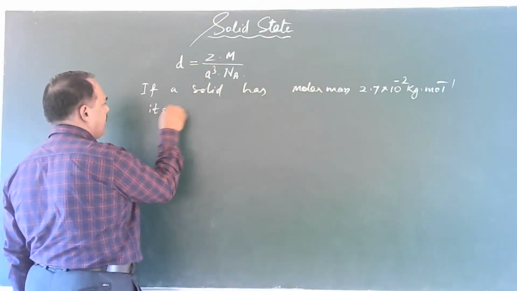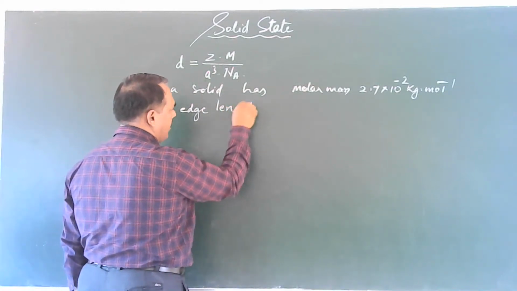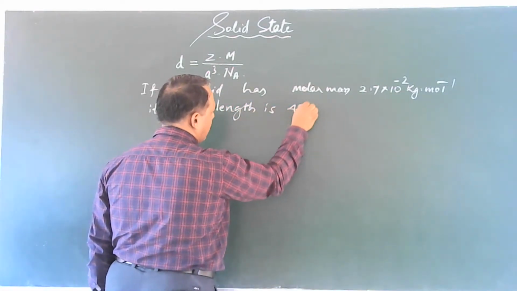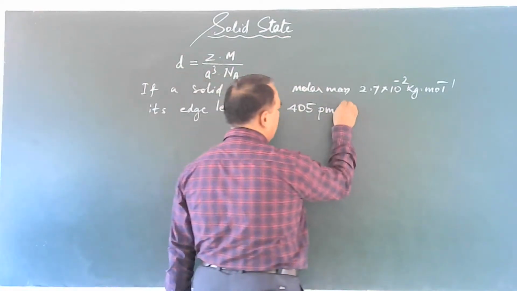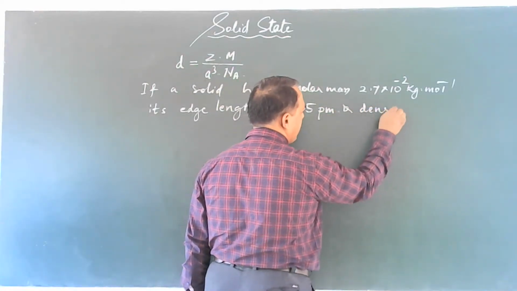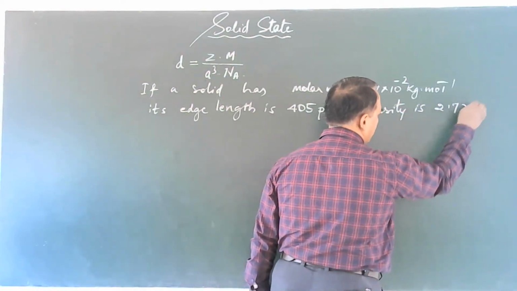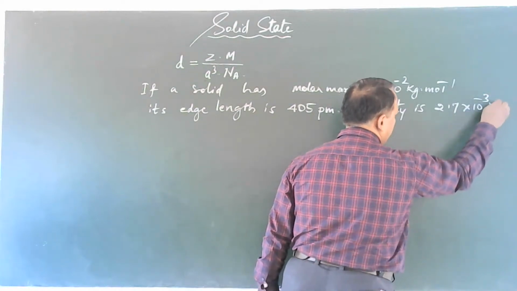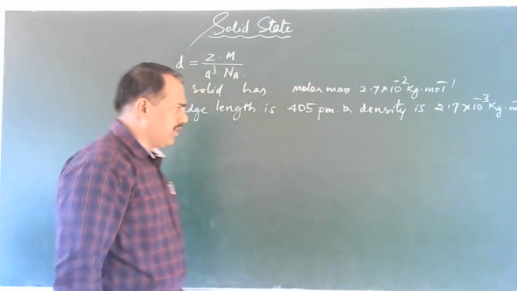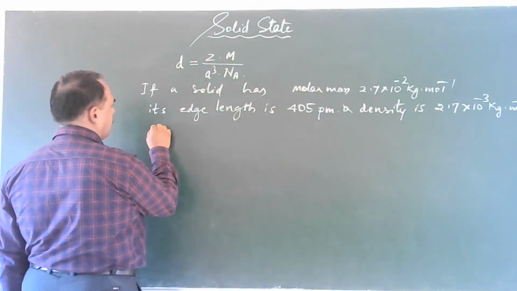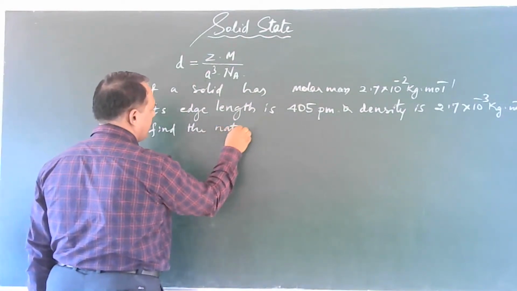Its edge length is 405 picometer, and the density is 2.7 × 10^3 kg per meter cube. Find the nature of the unit cell.